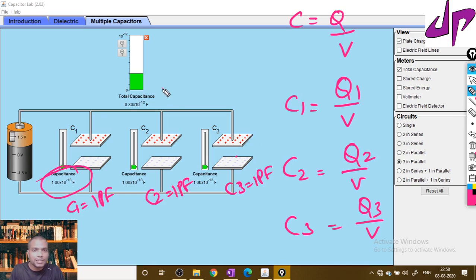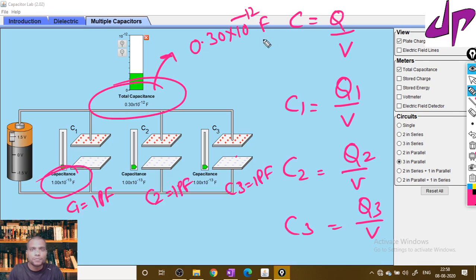But here we can see the resultant capacitance is showing 0.30 times 10 to the power minus 12 farad. I can also write this as 3 times 10 to the power minus 13 farads, so you can write 3 picofarads.